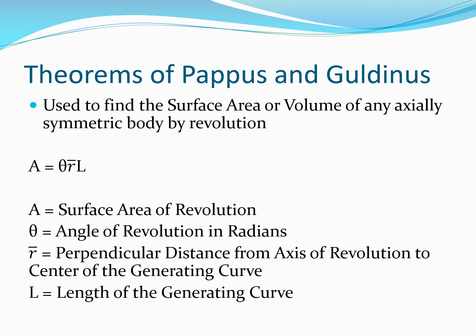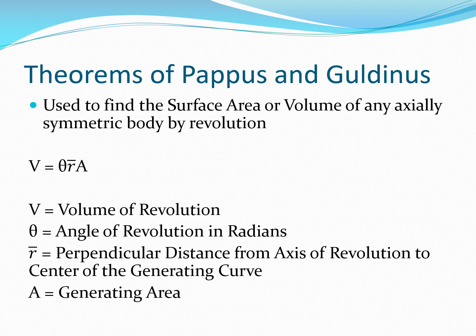When we're finding areas, we're going to define the surface area. Think of it as having a shape where we want to paint the outside of it. We figure out how far we need to turn it around an axis in radians. We figure out the perpendicular distance that the line is away, and we find out how long the line is. Plug those values in. I have an example that I'll do in another video.